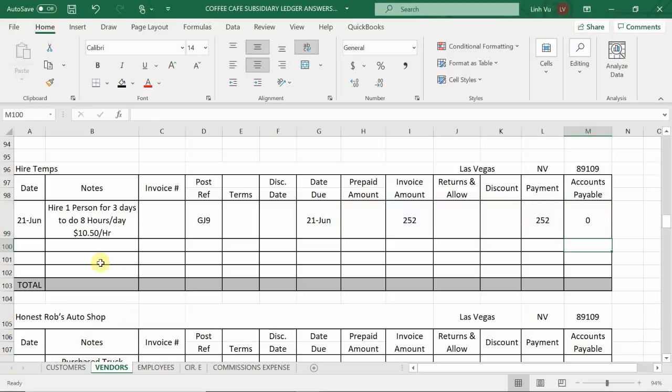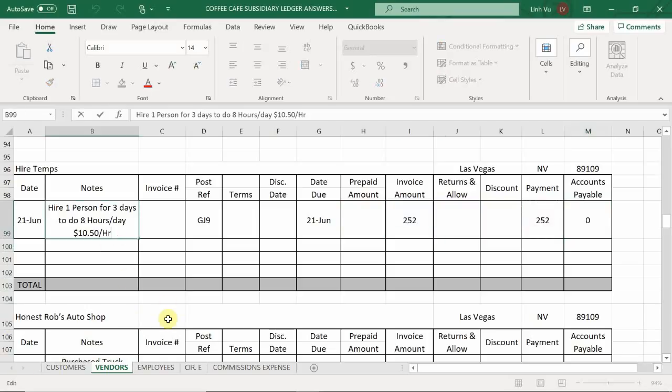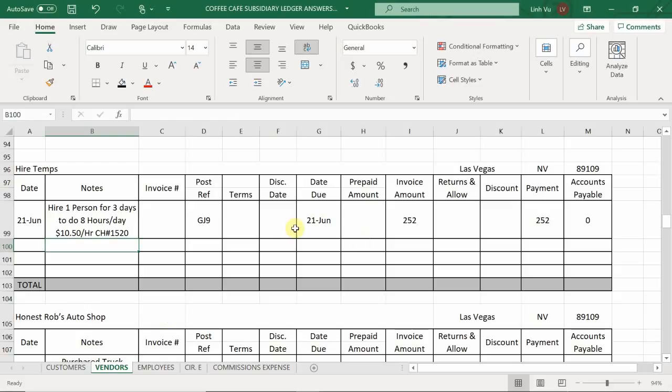I would also add here in the check notes the check number, so there's proof that you made a payment using check number 1520. Yes, good, correct. And I believe that's it.